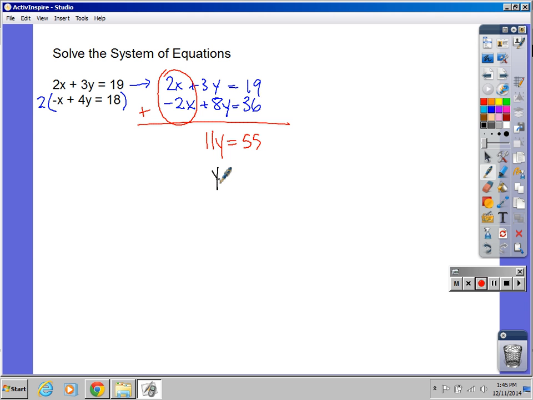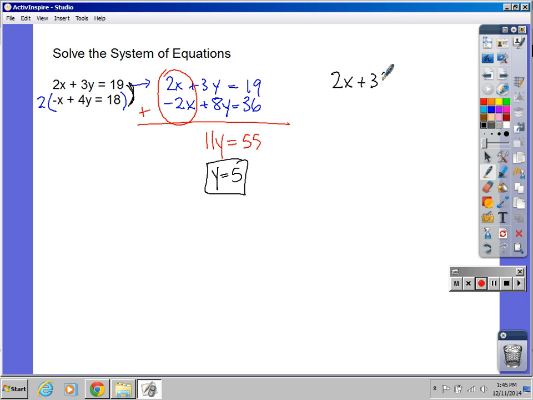Now for some reason, when we were doing this in this chapter and we were doing quadratic systems, people just, for whatever reason, could not remember what to do once you solved for your variable. Well, once I have y, I need to find x. So I take that y value and I plug it into either of these two equations. It doesn't matter which one. They should both work.